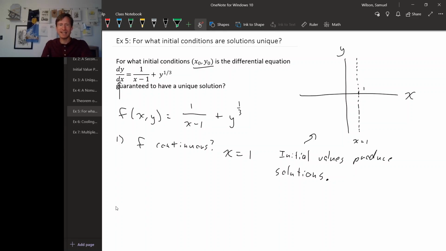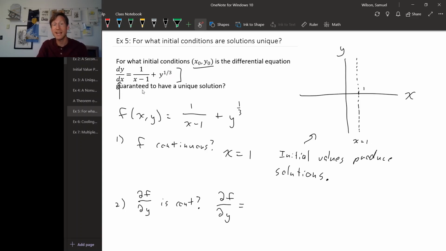Now let's look at where solutions are unique. So we need to figure out where the derivative of f with respect to y is continuous. First we need to find what this derivative is. And remember, we're just going to treat x like a constant in this formula and treat y like the variable and take a regular derivative.